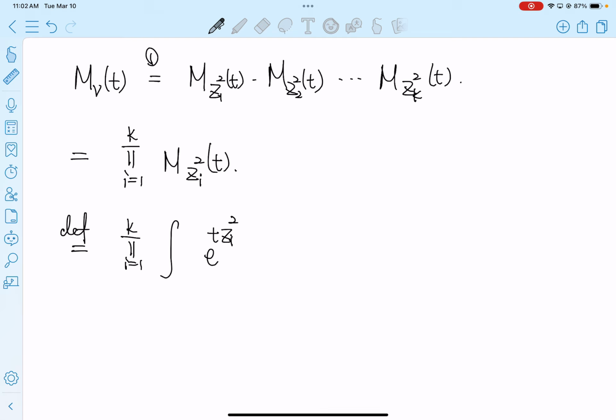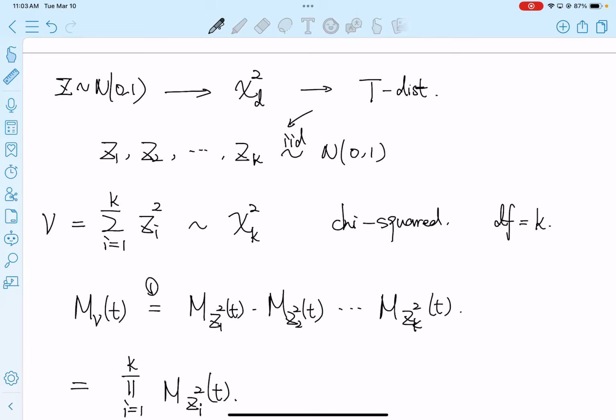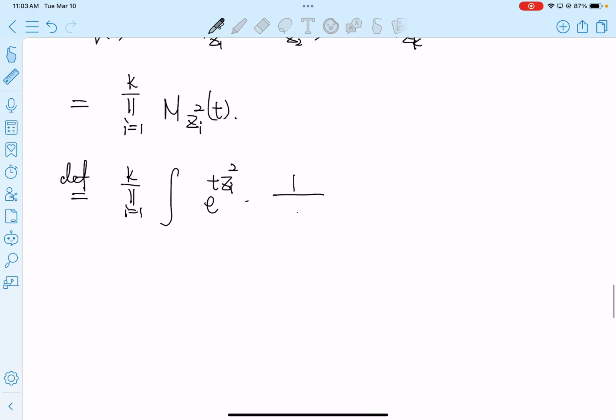The definition is that e of tx multiplied by f of x, and f of x comes from the standard normal. You can refer to your lecture notes from week 5 to obtain the density function, 1 over square root of 2 pi, e raised to the power of negative 1 over 2 zi squared. These come from the definition of the density function, and you can obtain them from your lecture notes from week 5.